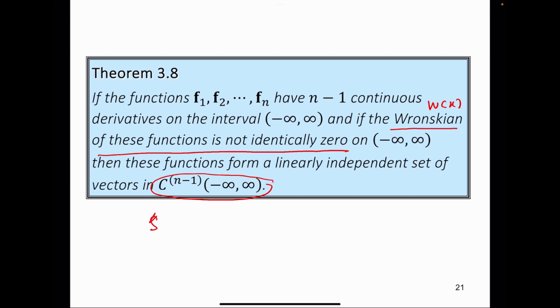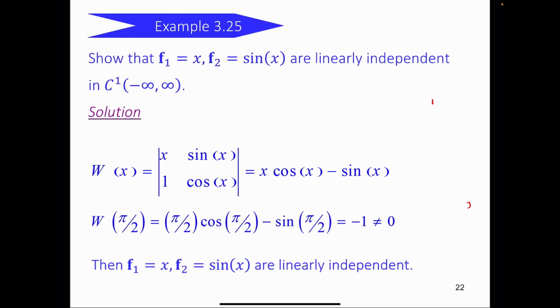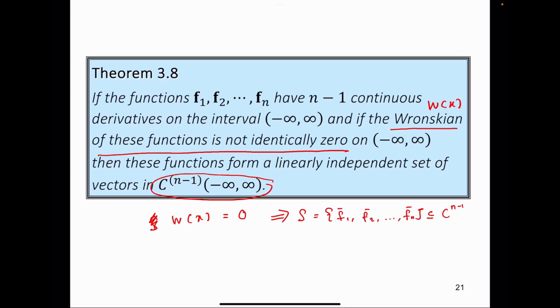So whenever the Wronskian is not equal to the zero function, then the set S with f1, f2 up to fn, which are vectors in C^(n-1), S is linearly independent.